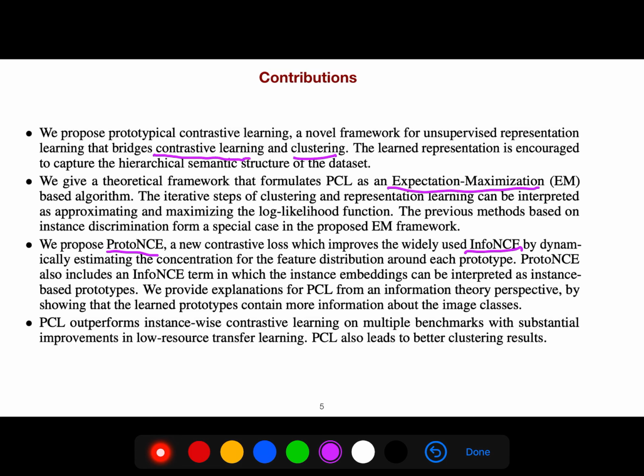ProtoNCE also includes an InfoNCE term in which the instance embeddings can be interpreted as instance-based prototypes. And of course, it outperforms instance-wise contrastive learning.